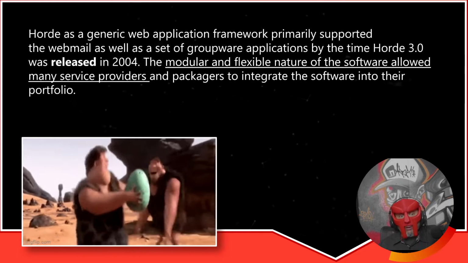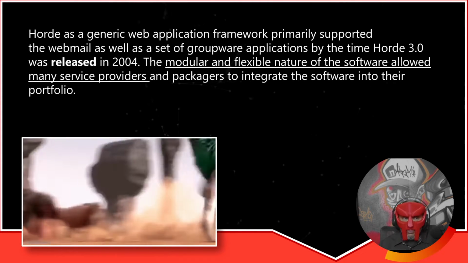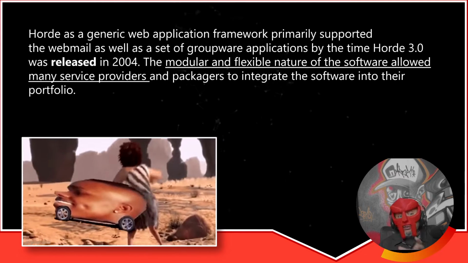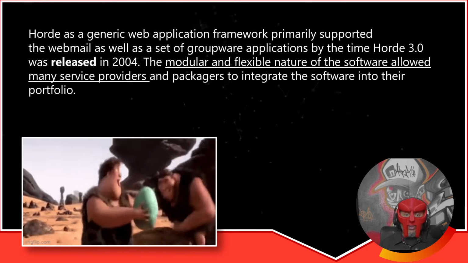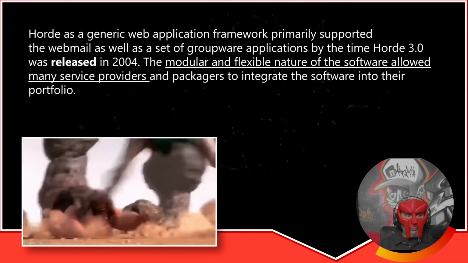The modular and flexible nature of the software allowed many service providers like MSPs and hosting companies, as well as packagers of software, to integrate the Horde software into their own developed software and portfolio.